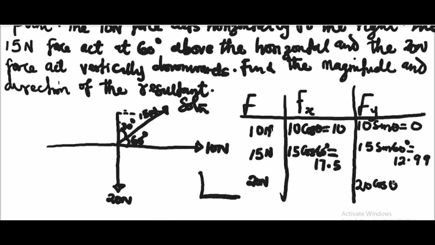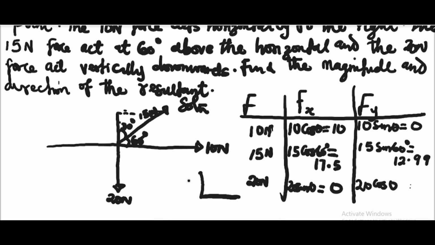Then you will have 20 cos 90 on the x-axis. That's if you must. Do you understand what I'm saying? Good. So 20 cos 0 here, and then 20 sine 0. Sine 0 is 0. Then cos 0 is what?